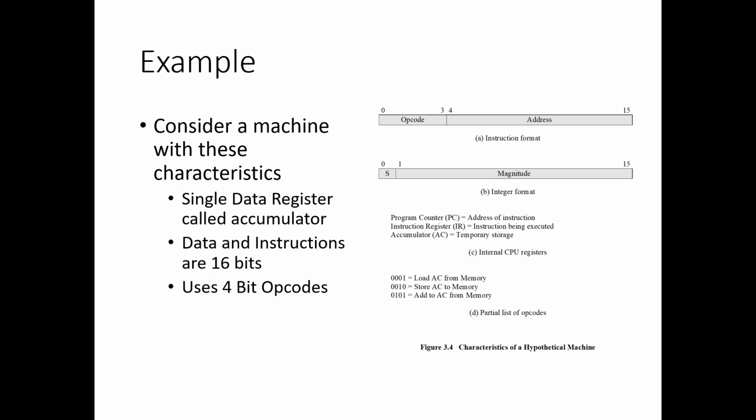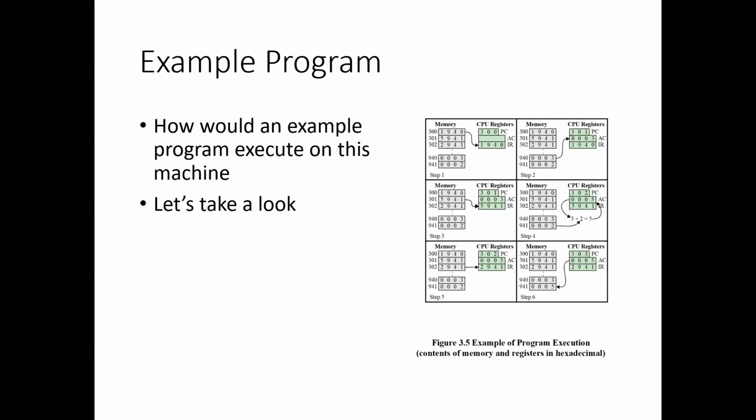So how would you execute a program? Let's take a look at how you would execute this program here. And you can see we've loaded this with decimal numbers rather than just binary, and that's going to make our task a bit simpler when walking through this program.